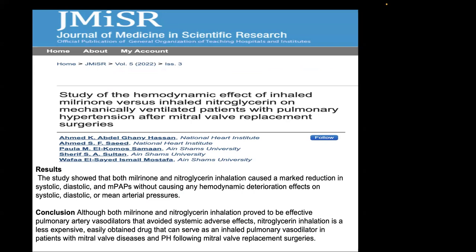In their study, they concluded that both milrinone and nitroglycerin inhalation proved to be effective pulmonary vasodilators that avoid systemic adverse effects. Nitroglycerin inhalation is a less expensive, readily obtained drug that can serve as an inhaled pulmonary vasodilator in patients with mitral valve disease and PH following mitral valve replacement surgery.